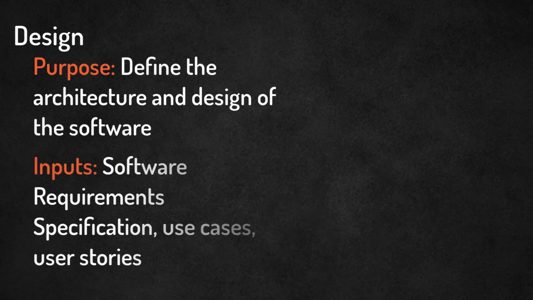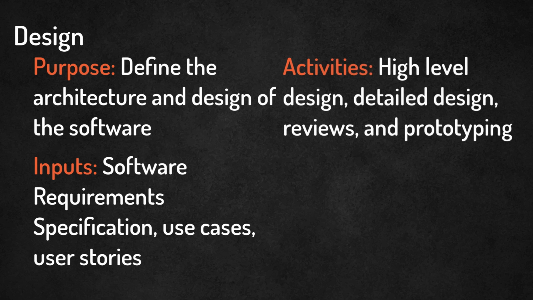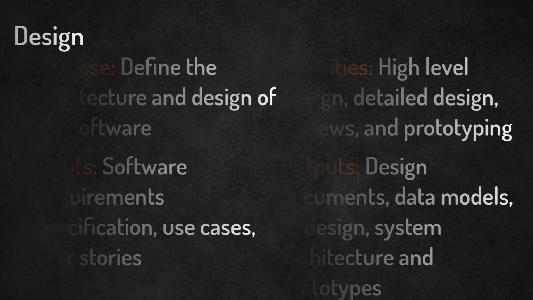Now, taking a look at the inputs, we're going to be looking at the software requirement specification that we created before, our use cases, and our user stories. The activities will comprise high-level design architecture, detailed design, data structures, algorithms and user interface, design reviews and prototyping. The output is going to be your design documents, data models, interface designs, and system architecture prototypes.